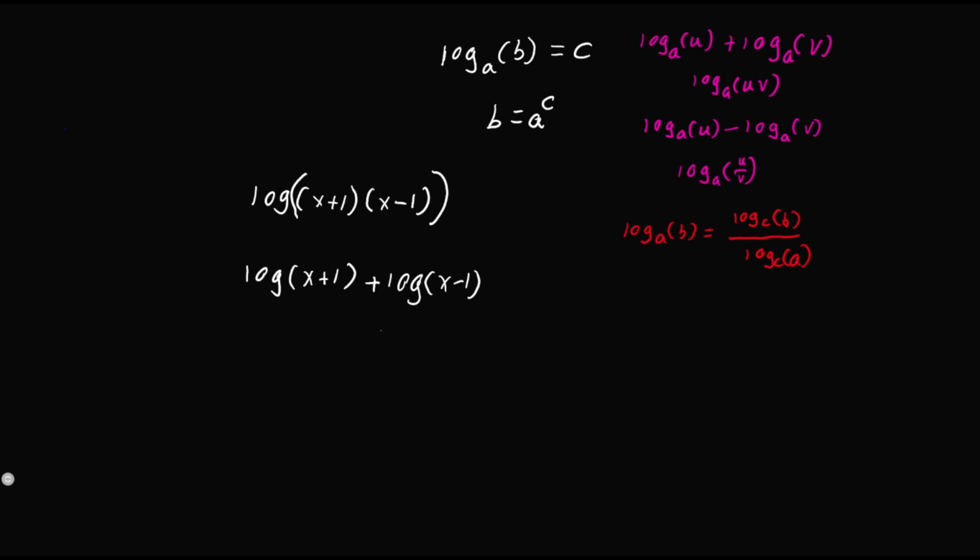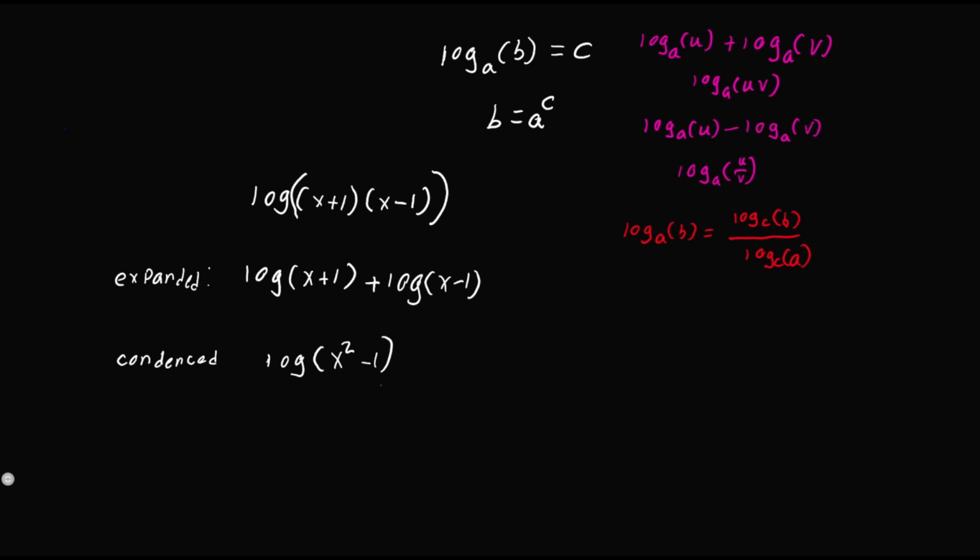And we're going to condense it as well. So let's just write it down. We're going to condense it. So we're going to have log, and what we see here is a difference of squares, meaning we're going to get x squared minus 1.